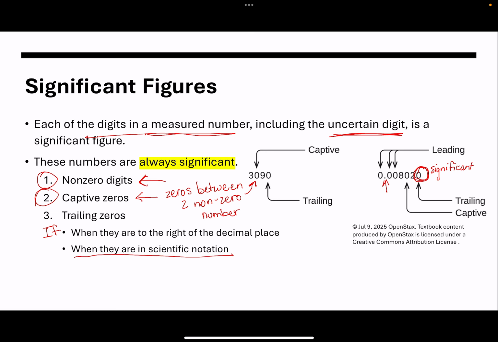Now, if you don't remember what scientific notation is, we can take this number right here, and if we put it into scientific notation, we find the first number that is after that zero when we're talking about a small number. So we would say 8.020, and then we count over how many places we moved that decimal.